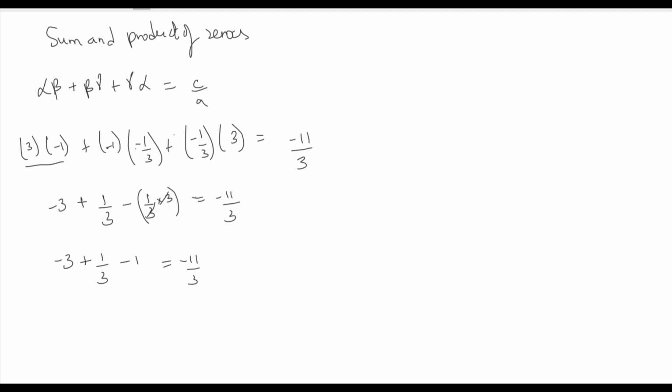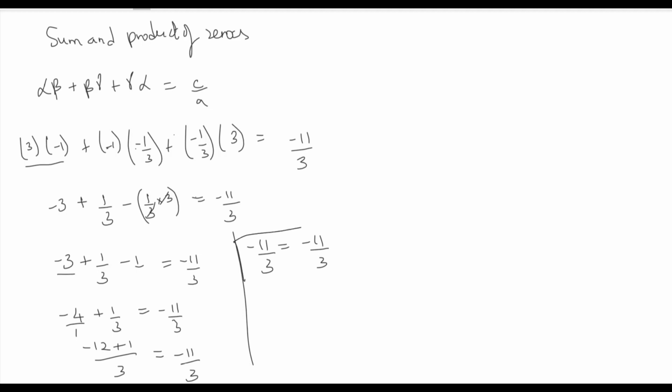Minus 11 by 3. Minus 3 minus 1 will be minus 4 plus 1 by 3. That is equal to minus 11 by 3. On further solving, it will be minus 12 plus 1 by 3. By doing the LCM, minus 11 by 3. We will get minus 11 by 3 is equal to minus 11 by 3. Hence, sum and product is also verified.